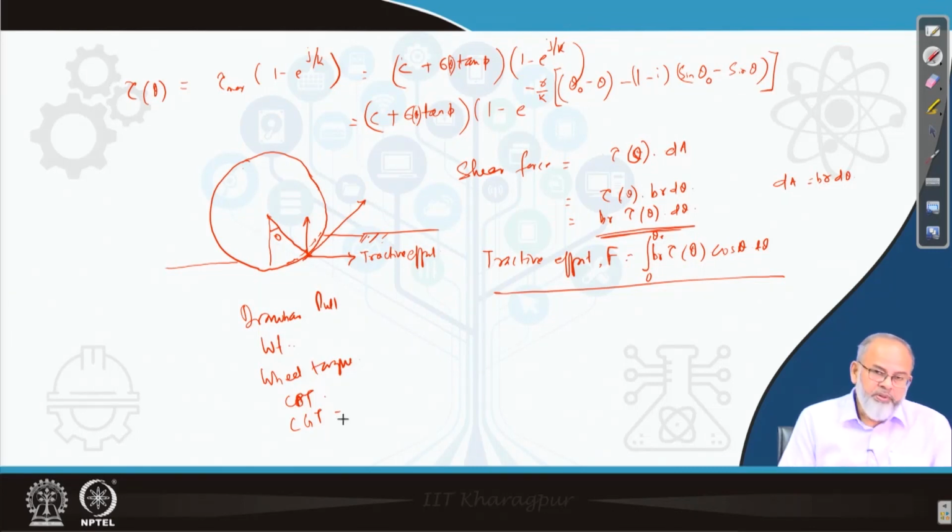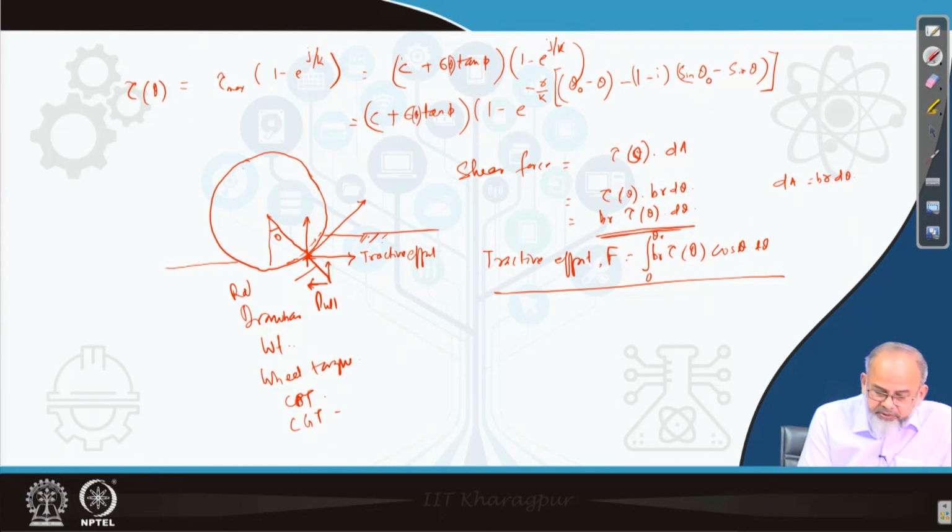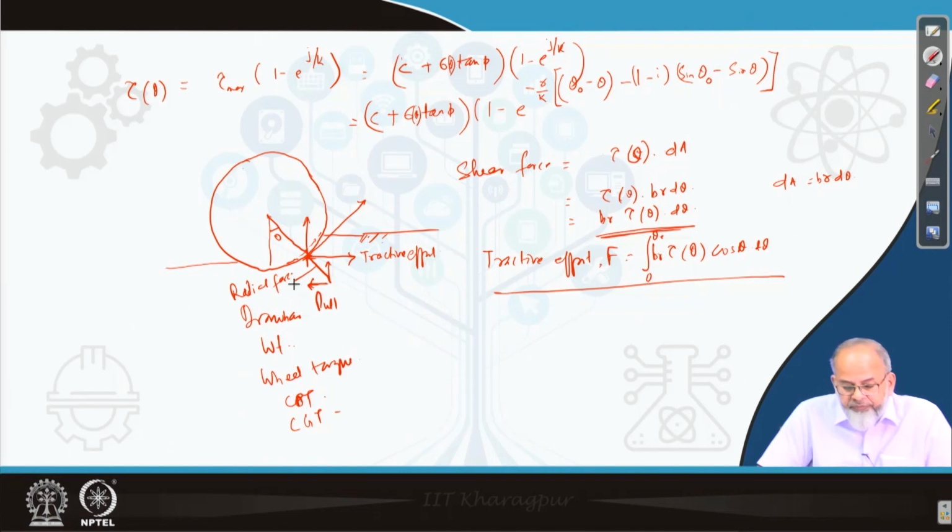For finding out pull, we have to find out the rolling resistance. Thrust minus rolling resistance will give you the drawbar pull. Because of the weight, there will be soil reaction. The radial force will be acting, and it will have two components. The horizontal component of radial force will be equal to your rolling resistance.